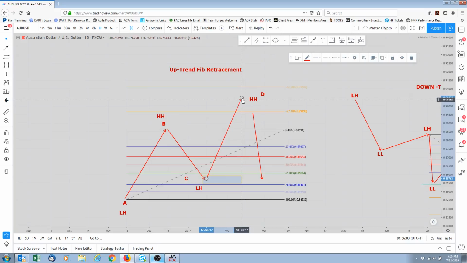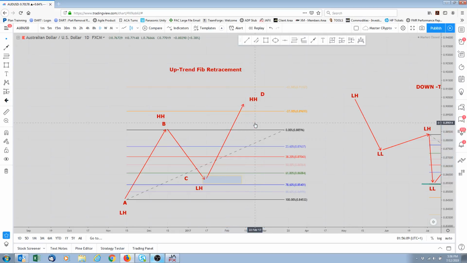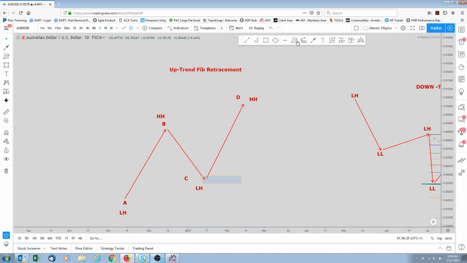Okay, so let me move this back like that, and then I'll delete this one. Why I also wrote this, you can remember it this way too. When you're using Fibonacci retracement, you go from point A to point B. So let me delete this and I'll show you again.